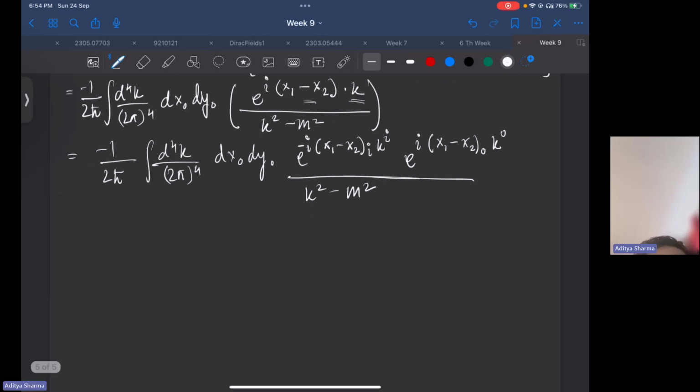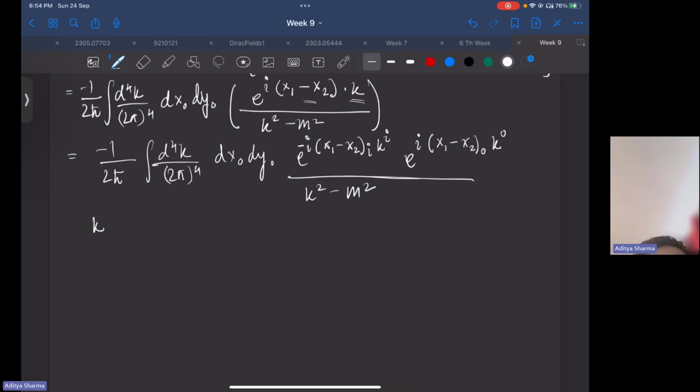Now whenever we get integrals of this kind, we'll assume that x1 minus x2 can be written as some r vector, and this k is pointed towards, say, the z direction, and so we'll get the dot product as.